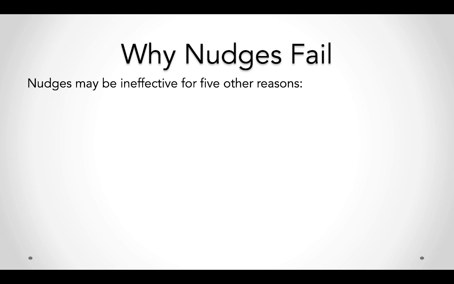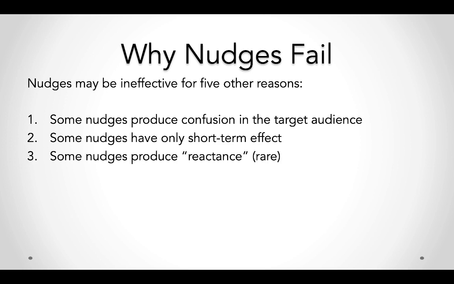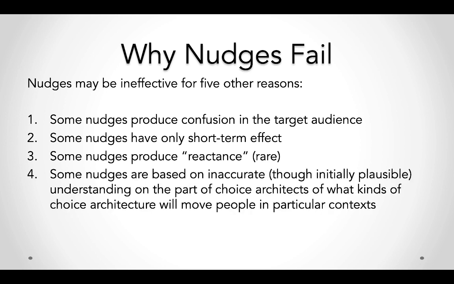Nudges might be ineffective for 5 other reasons. Some nudges could produce confusion in the target audience. So if the nudges are not clear enough, not salient enough, they will confuse the target audience. Some nudges might have short-term effect. Some nudges can produce reactance, which is rare, but it could happen, it could backfire.